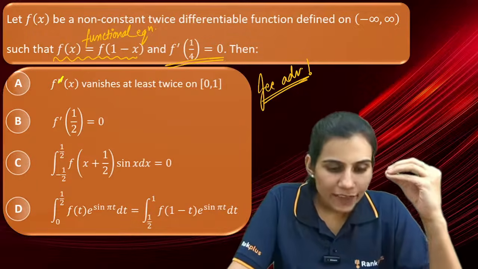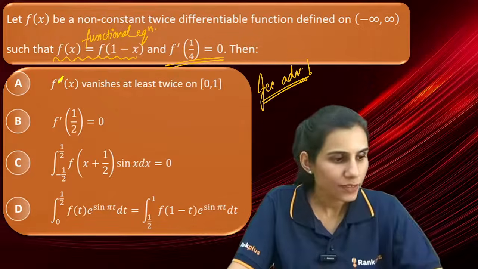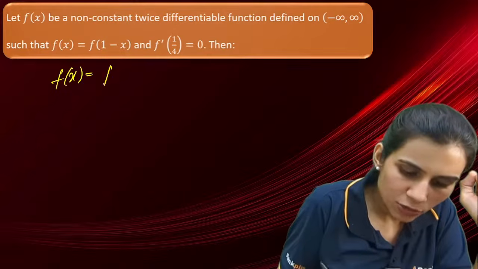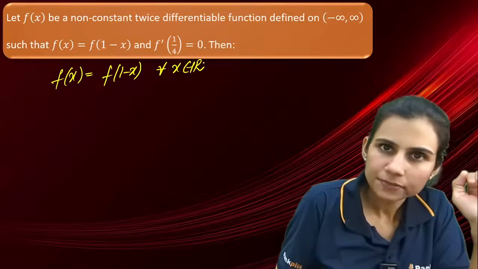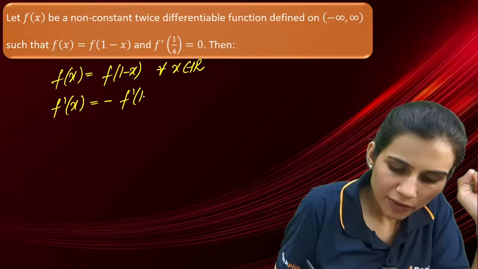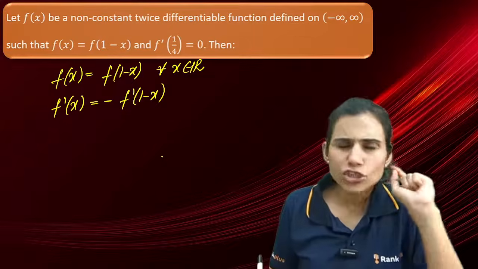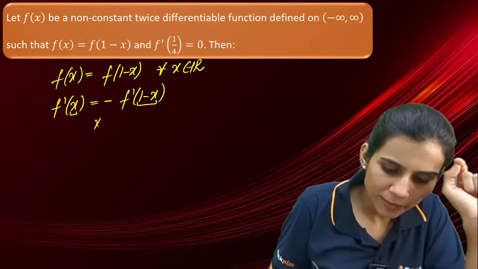Always remember, whenever you are given a functional equation and the question talks about derivative, straight away differentiate. You have f of x equal to f of 1 minus x, and this is true for every x real. So when you differentiate, you get f dash x equals minus of f dash 1 minus x. Always do that. Next thing you must do is, for what value of x is x equal to 1 minus x?